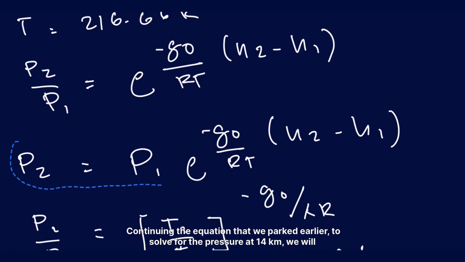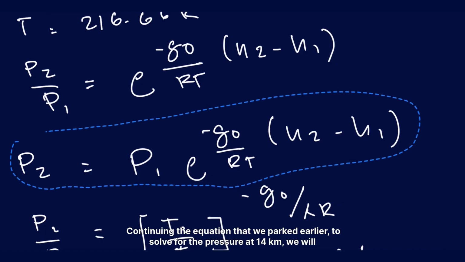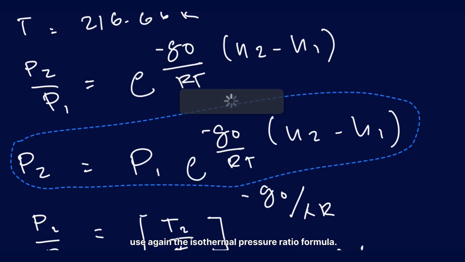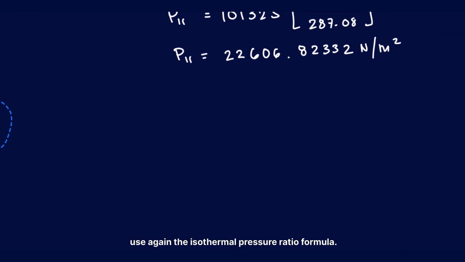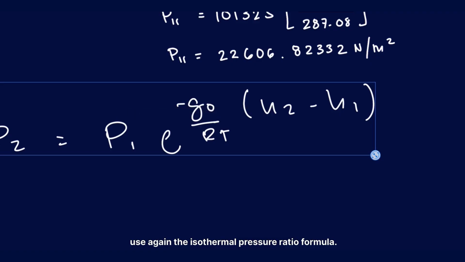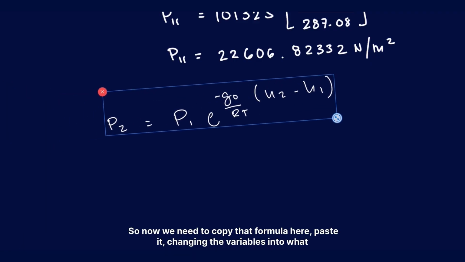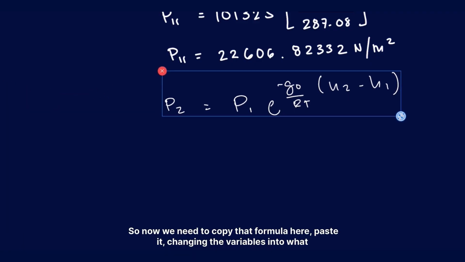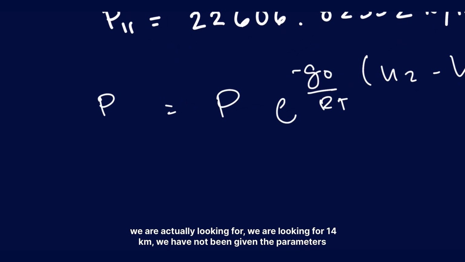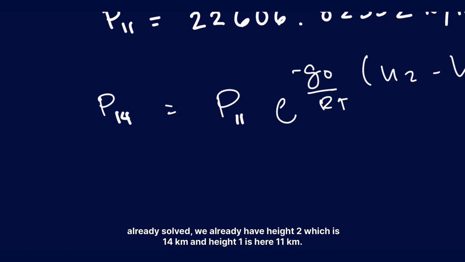To solve for the pressure at 14 kilometers, we will use again the isothermal pressure ratio formula. So allow me to copy that formula here, paste it, changing the variables into what we're actually looking for. We're looking for 14 kilometers. 11 kilometers is already solved.